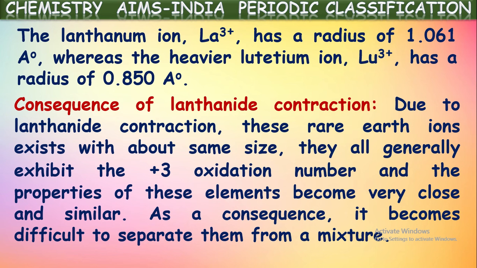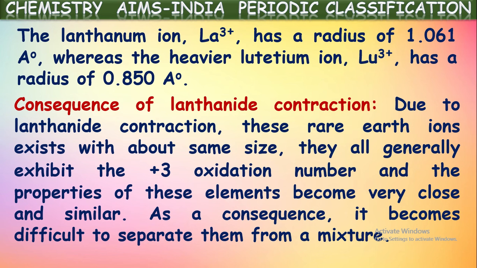They all generally exhibit the +3 oxidation state, and the properties of these elements become very close and similar. So because of this lanthanoid contraction, they all have the same size, the same oxidation number, meaning the same charge, that is +3, and their properties are almost similar.